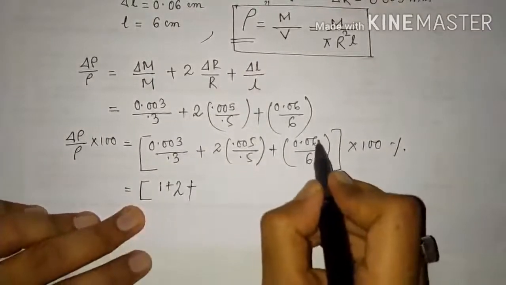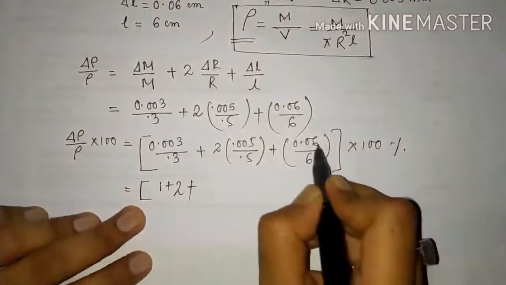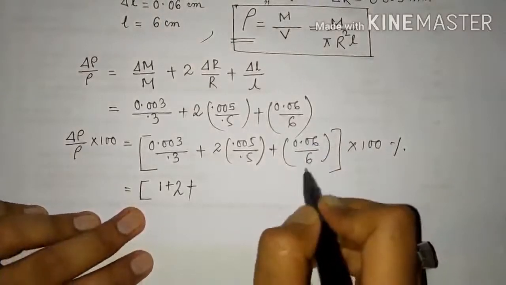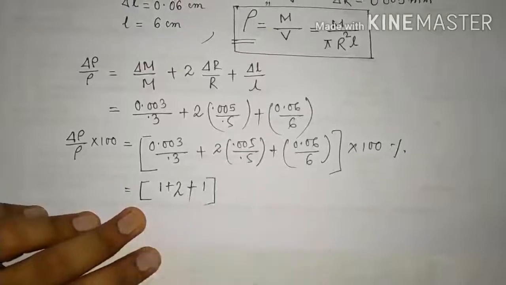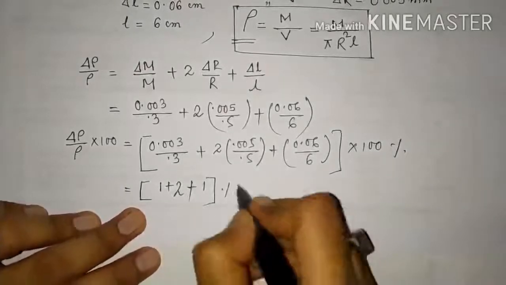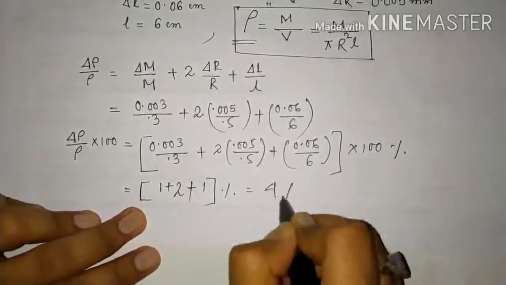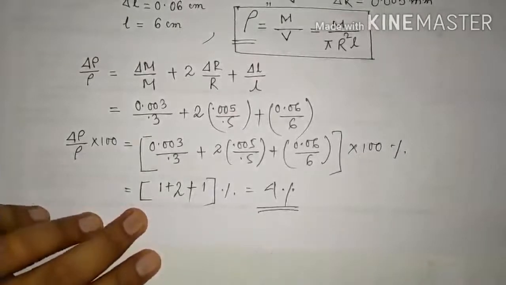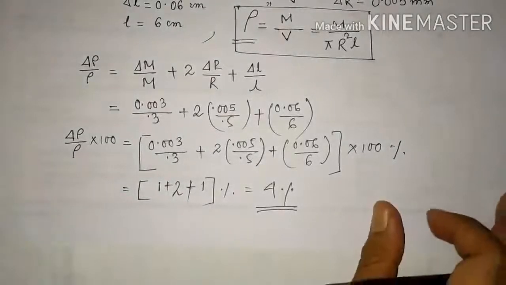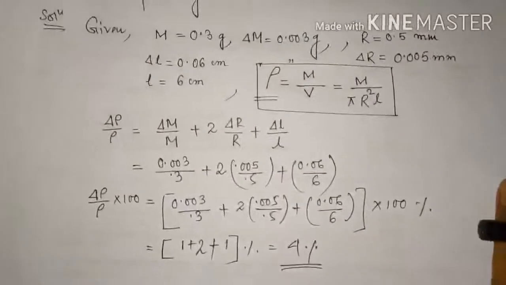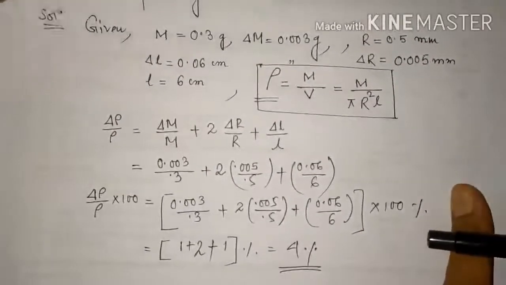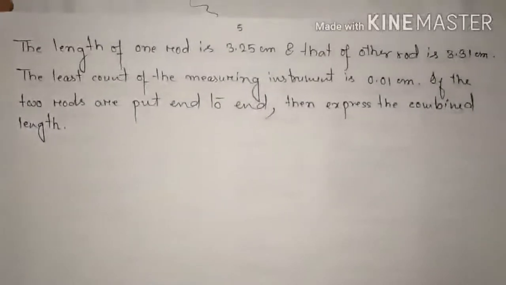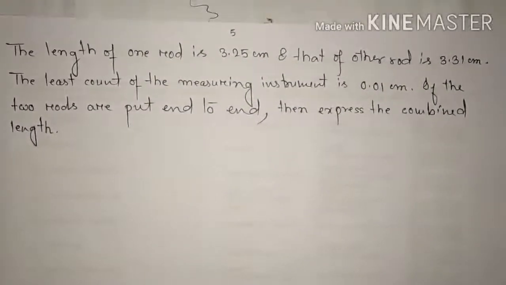Plus there will be 0.06 multiplied by 100, it will be 6. So 6 by 6 is again 1. So this much percent, that means it is 4%. This is the answer. I hope you are able to understand the problem. Now let us focus on our next problem.